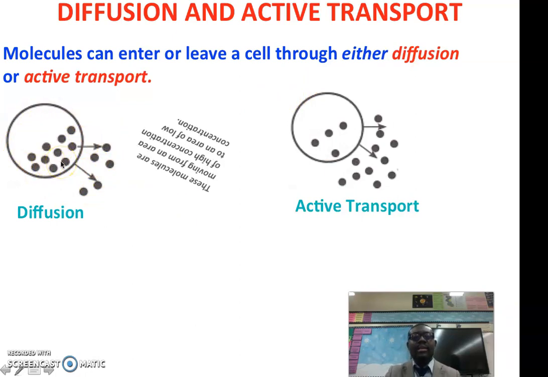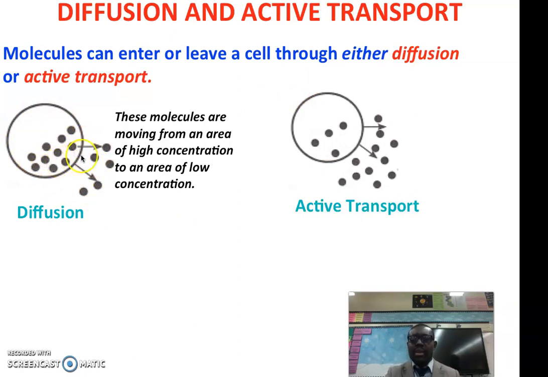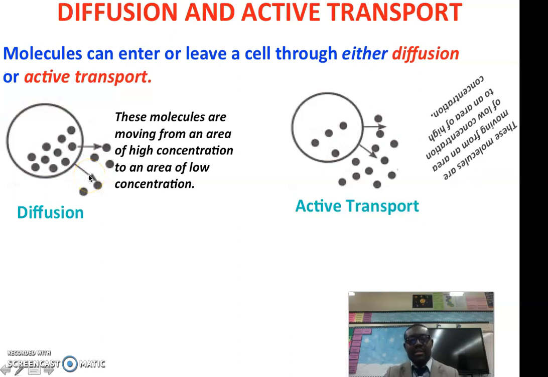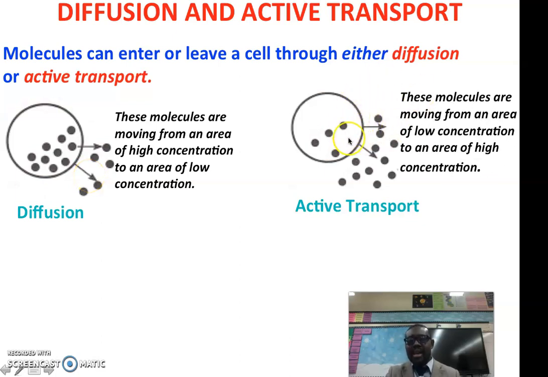Diffusion means the movement of molecules from an area of higher concentration to an area of lower concentration, and in diffusion, there is no use of energy. But on the right, the molecules are moving from lower concentration to higher concentration. When we are going against the concentration gradient, you need energy.